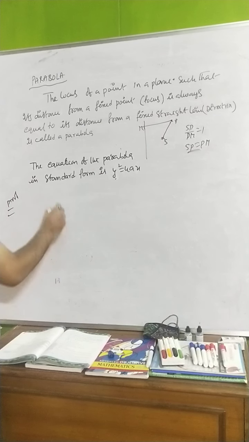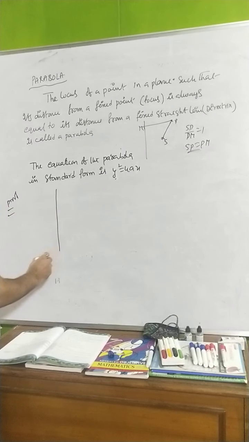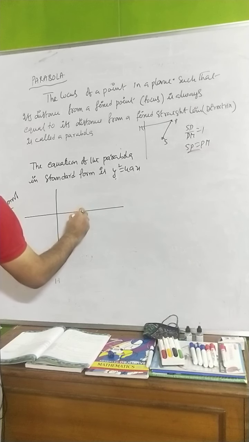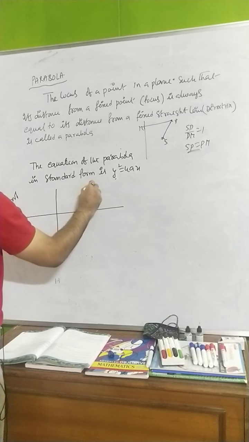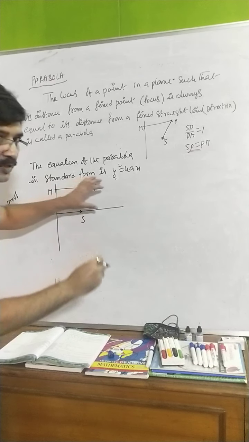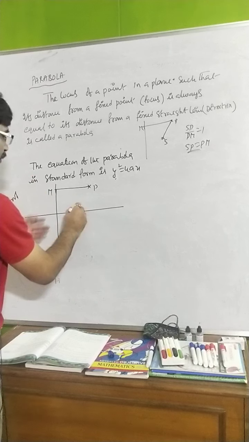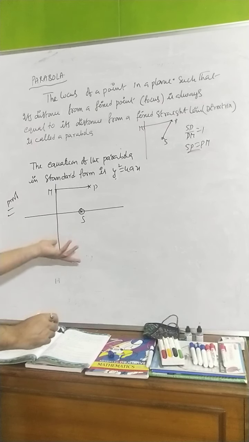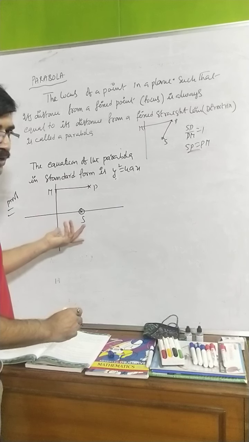Here is the proof. Take one fixed line. S is a fixed point, P is one more point. According to the definition, this is PM. Let S be the fixed point and L equal to 0 be the fixed line. P is one point you have taken.